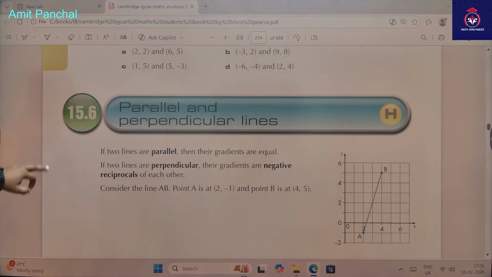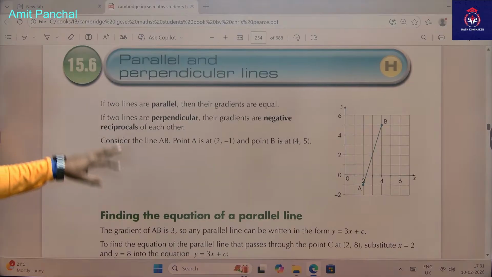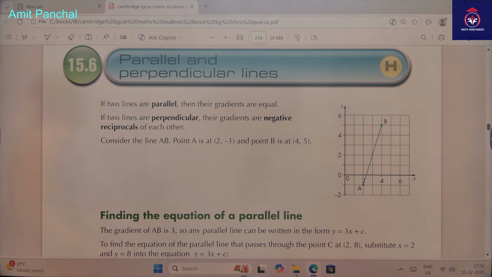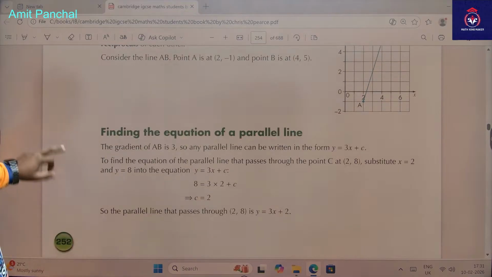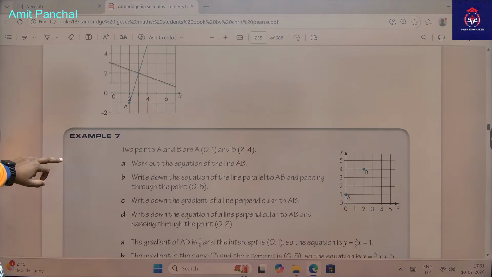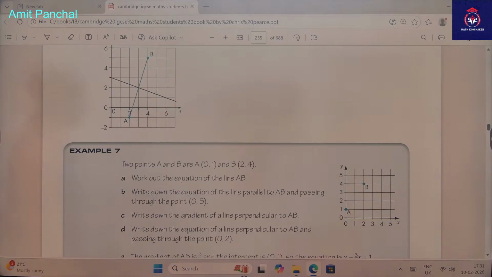Okay. So should we do some more practice on parallel and perpendicular lines? You will do one question, sir. Okay. Because I think next chapter also we have to do. Okay, so this one. I gave you the first answer, right? The first answer I gave was y equals 1.5x plus 1.